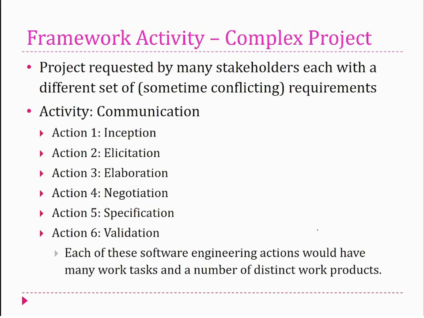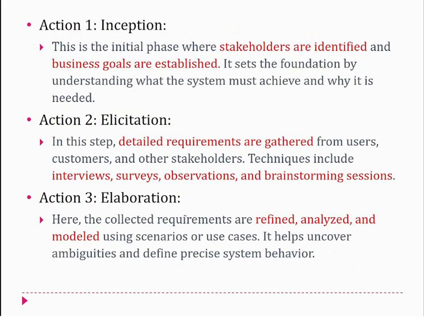So, it consists of 6 important actions. The first one is inception, where project goals and stakeholders are identified. The second is elicitation, where detailed requirements are gathered using interviews, questionnaires, or meetings. And third is elaboration, where collected requirements are analyzed and refined.